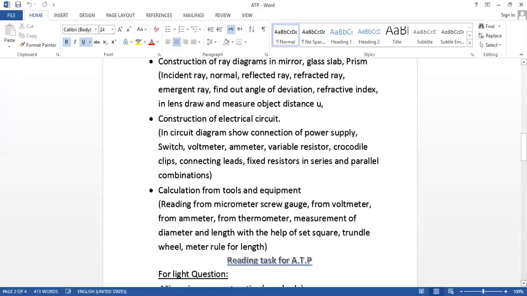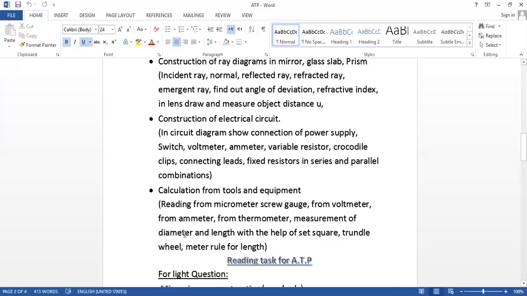First you will read from given figures and you will apply the formula. And next you must know about how to read thermometer, and also you must know how to measure diameter of anything. You will do calculation about diameter.